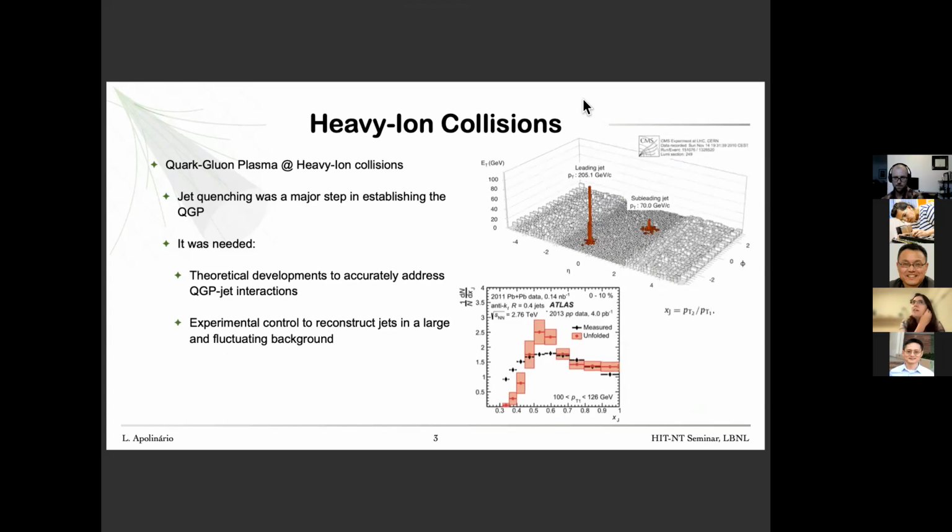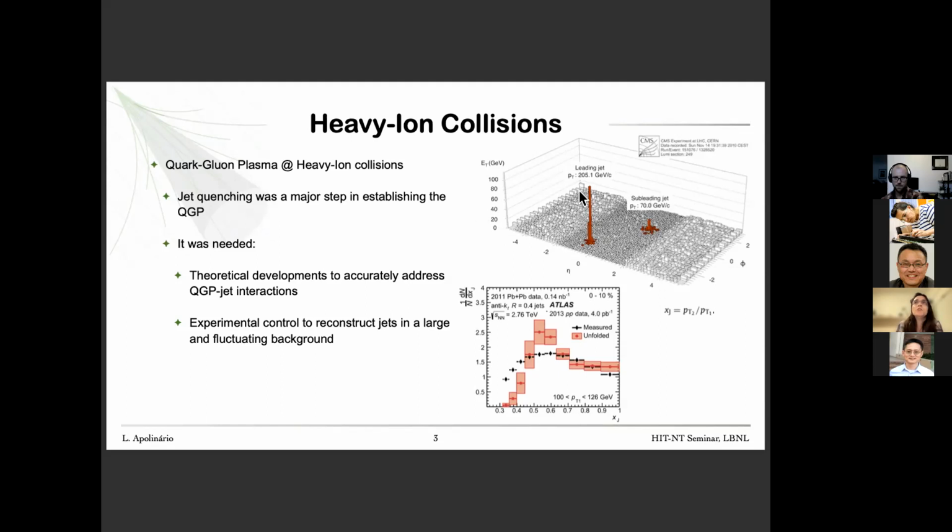This has to be accompanied by some very severe efforts on the experimental side to control the background, because we don't have only the hard signature of the jets. Here, for instance, is an example of one of the most striking events of jet quenching, in which we have the almost complete disappearance of the recoiling jet when dijets are produced.